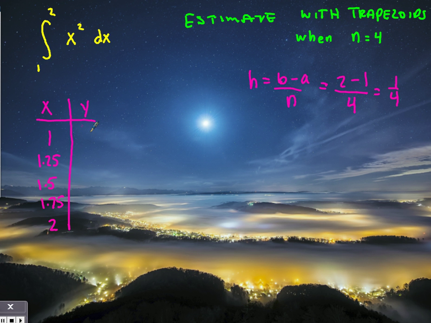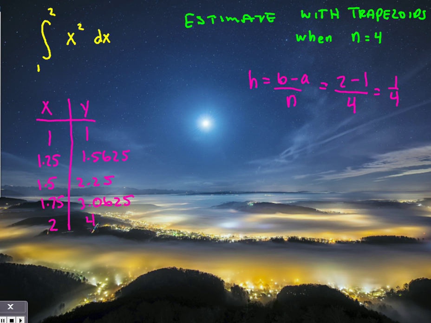So x squared for the first y value would be 1 squared, 1. 1.25 squared gives me my second y value, which is 1.5625. 1.5 squared is 2.25. 1.75 squared is 3.0625. And 2 squared is 4.